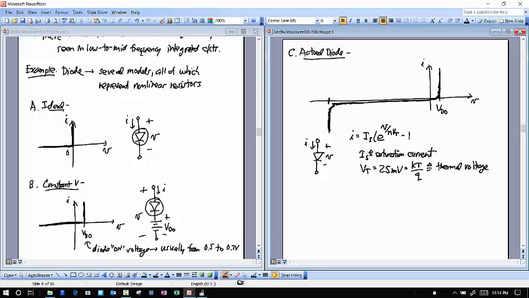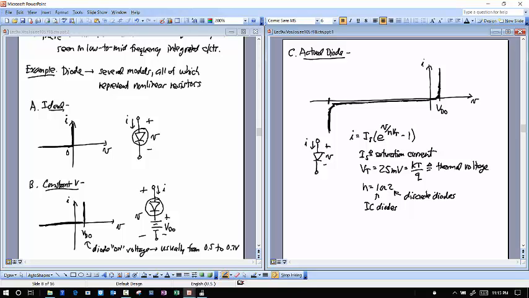Okay, and then this minus 1, where the minus 1 models the negative current going for voltages below your threshold voltage. And so N in this case is either 1 or 2, and it's 1 generally for integrated circuit diodes. It's 2 for discrete diodes.